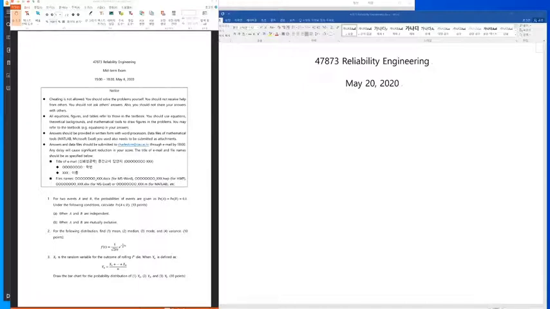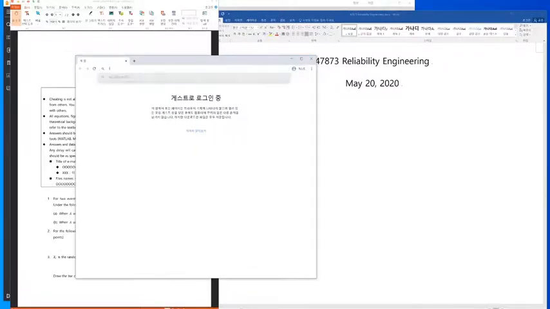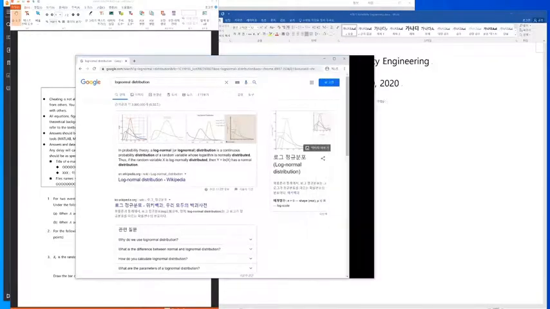In the case of median and mode, of course, the definitions of median and mode are provided in the textbook, but you can also do some internet search.